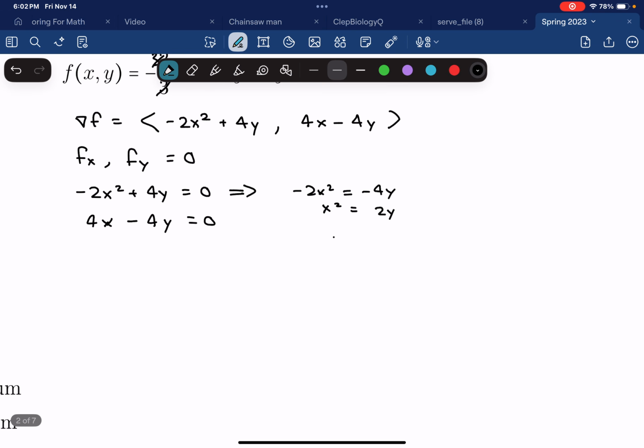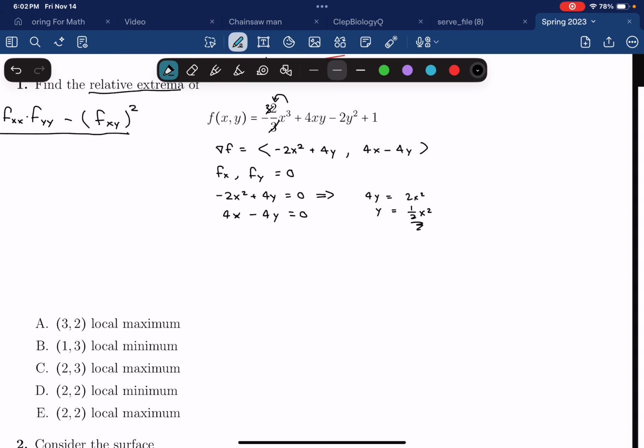Oh wait, actually, we can make this a bit easier. We'll just say that 4y is equal to 2x squared. So in this case, y is just equal to 1/2 x squared. That's a bit easier for us to do, so let's stick with that.